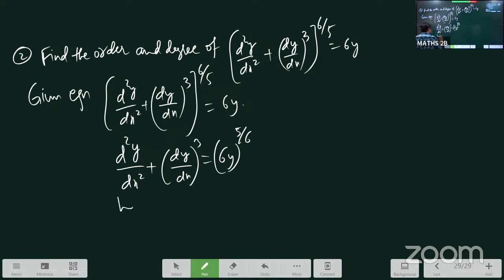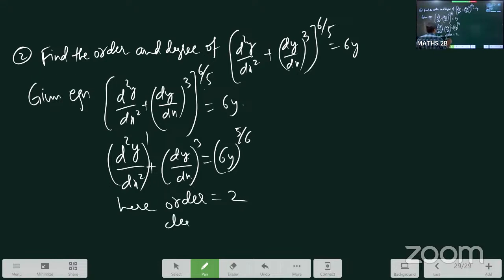So now here, order means highest derivative. Again, your highest derivative is 2, right? Because dy by dx is first order. Second order means second derivative, that is d square y by dx square. Order is 2.